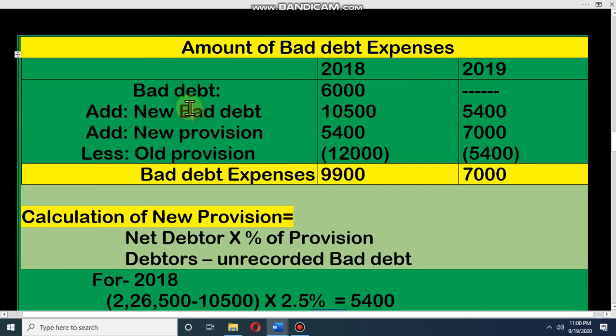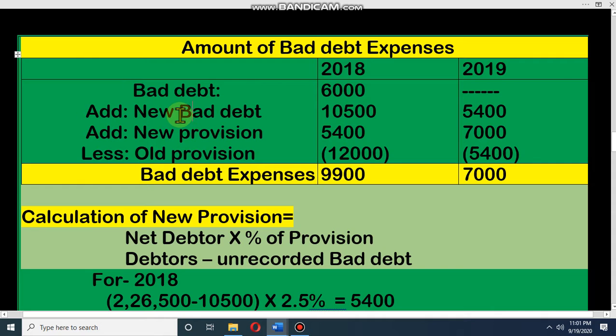Then new bad debt, that is, the unrecorded bad debt. Then new provision or new reserve, then old provision or old reserve. So bad debt plus new bad debt plus new provision less old provision is the formula for determining bad debt expenses.